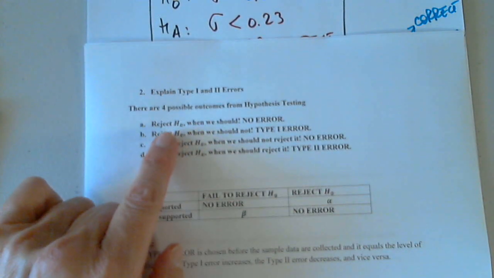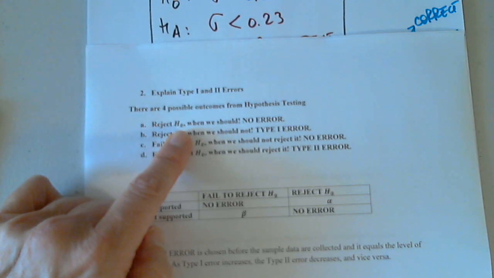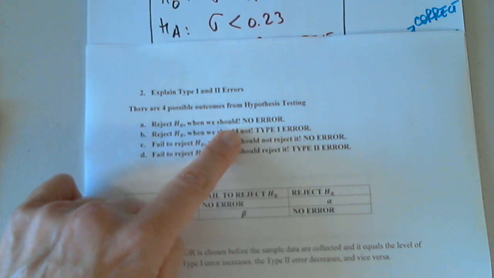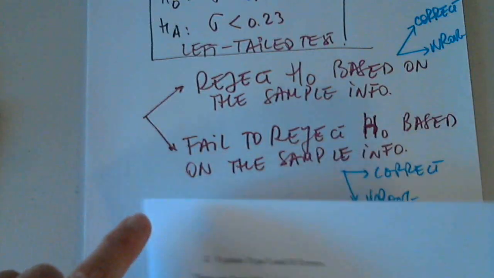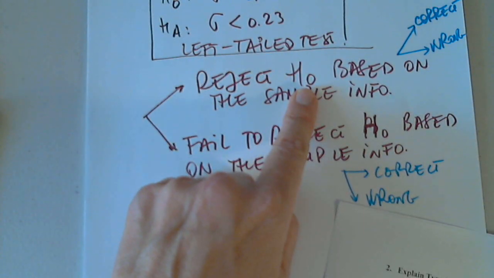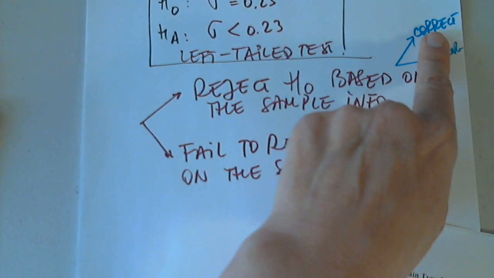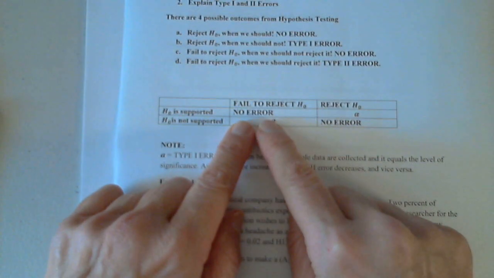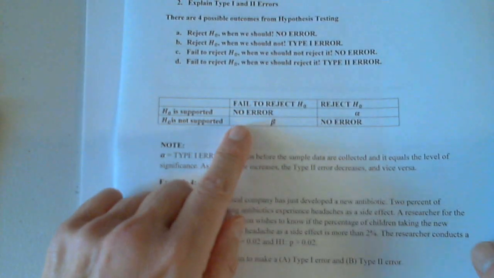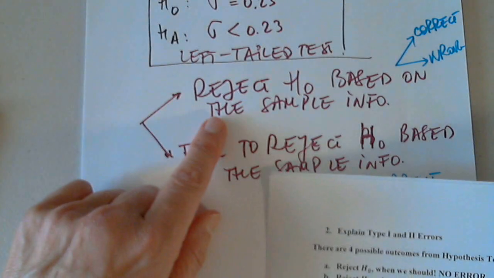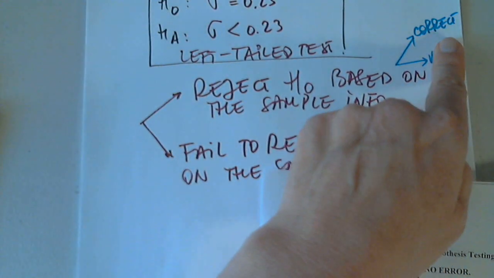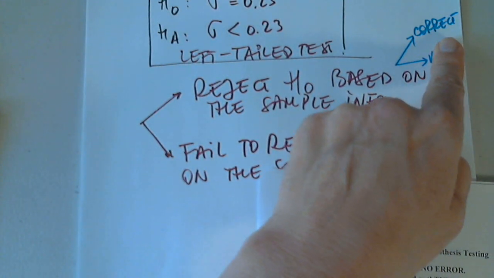I can reject the null hypothesis when I should. So I rejected the null hypothesis, and I'm correct. I should reject it, then I'm not making any error.